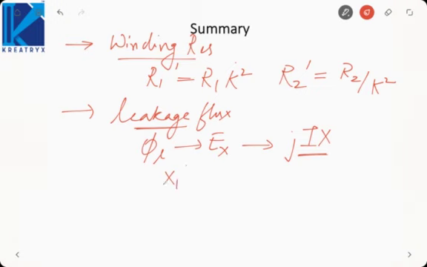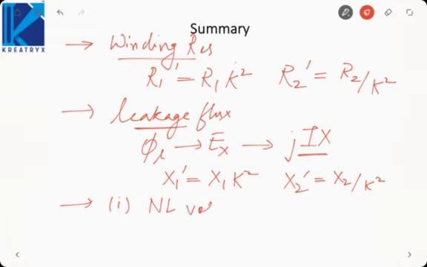And similar to this, we can refer the reactance: X1 dash is X1 into K square, X2 dash is equal to X2 by K square. And last we saw the equivalent circuit, and when we approximated the equivalent circuit, there were some approximations that we were making.